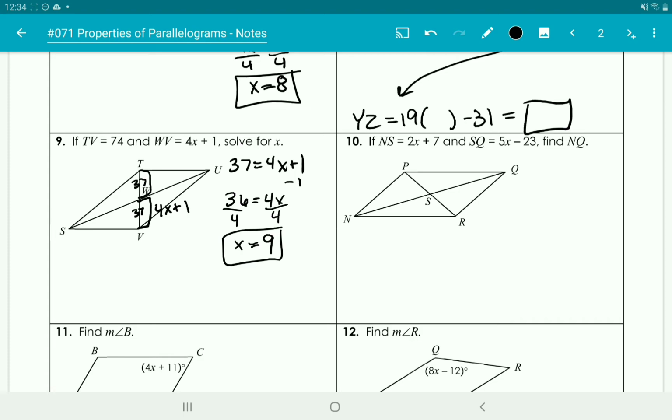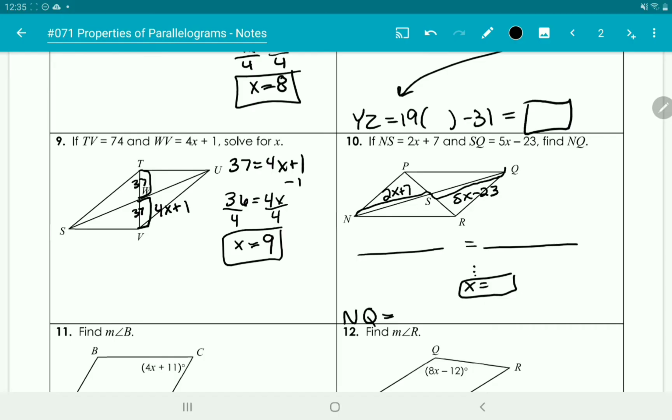So now, if it gives you that NS here is this 2x plus 7, and SQ, the other half, is this 5x minus 23, you know that these two are going to be equal to each other. So once you're done with that, you're going to get x equals something, solve there, but then it's asking for NQ instead of just x.